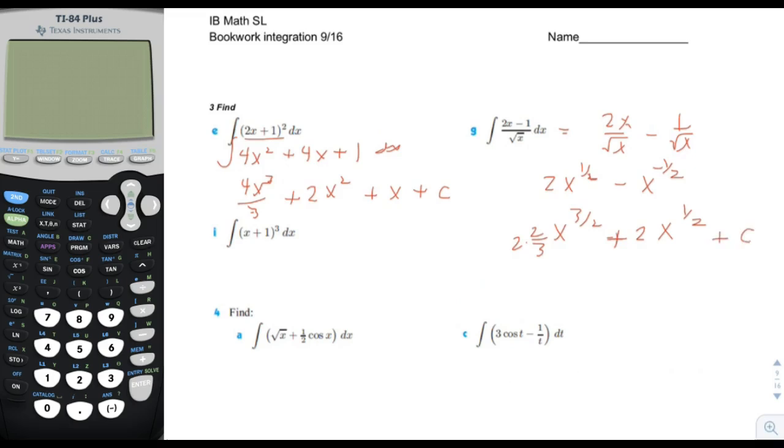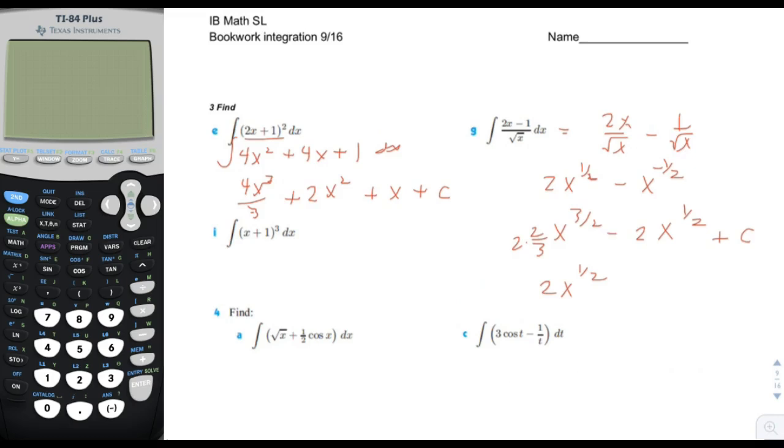Okay, just to make sure, we could take the derivatives of this. So if we took the derivative of this, it would be, let's see, 3/2 x to the 1/2, so that would be 2x to the 1/2, good. And then this would be, I think maybe this should be negative.